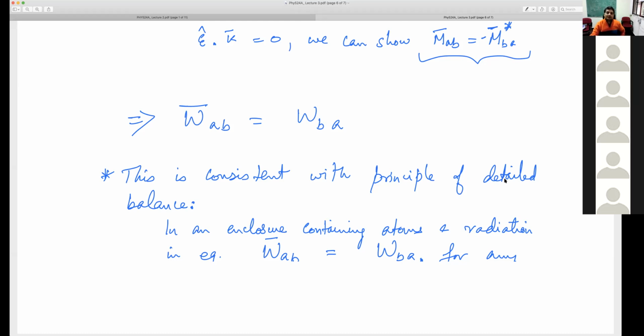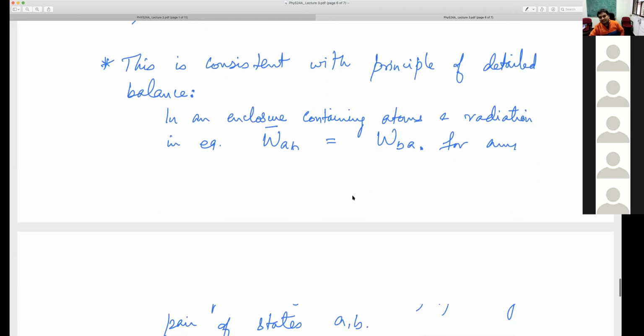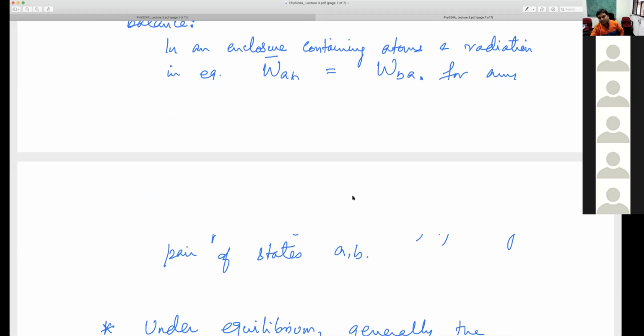So historically it was in place even before we had this quantum theory of emission and absorption of light. Of course, we had a different theory, Einstein's coefficients, so we'll do that in the next class, probably. Einstein showed the same thing, that the rate of transition from A to B and B to A will be in equilibrium, but from a completely different argument.